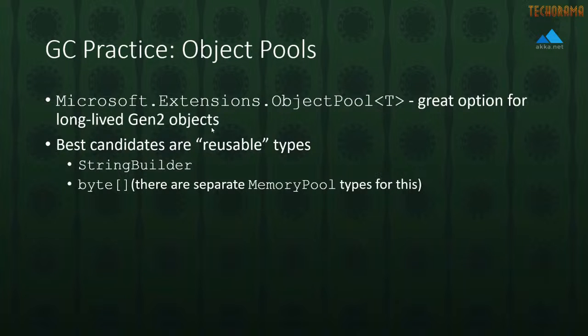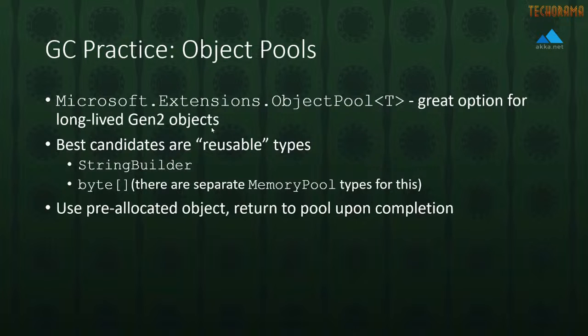If you're doing a lot of work with file I/O, or maybe you're doing a lot of serialization, you can use some of these System.Memory types for this purpose exactly, such as the MemoryPool object.